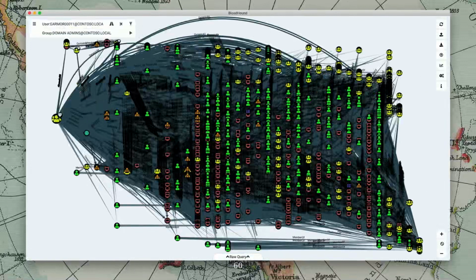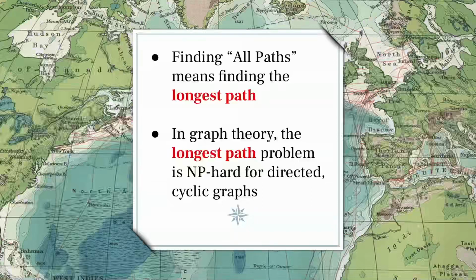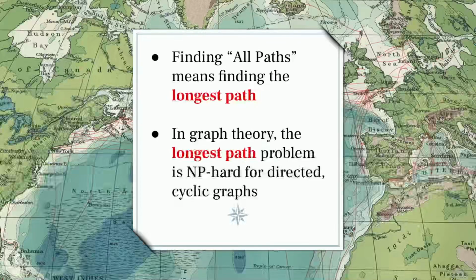Can anybody derive any kind of insight from that? I can't. That's for one user, outbound attack paths that are possible of length 9. This also took approximately 3 minutes for the database to return the results of this query. Why is this? This is because finding all paths means you have to include the longest path.